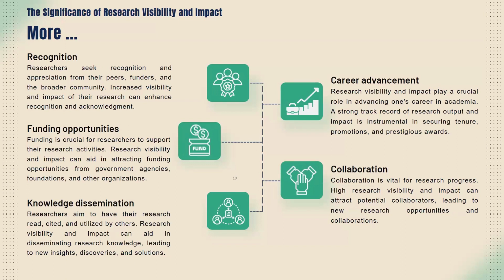Enhancing visibility is a great way to open a wealth of opportunity. It paves the way to recognition in your field, career growth, access to funding, the chance for collaboration with peers, and the effective dissemination of knowledge to a broad audience.